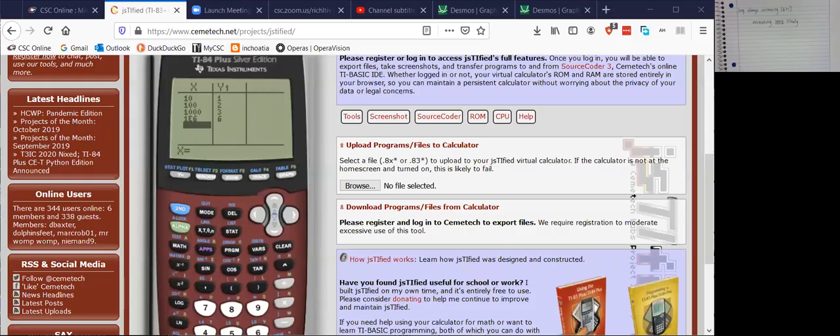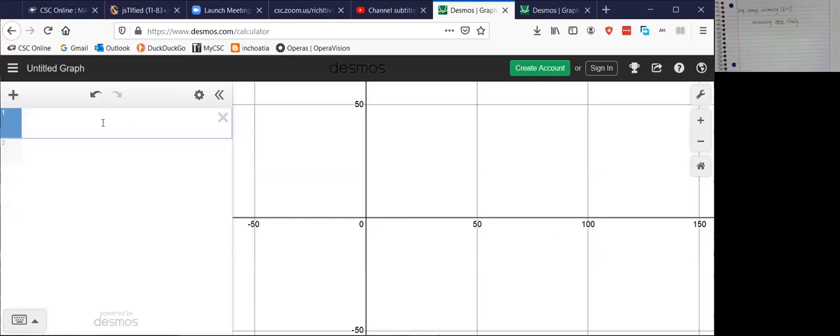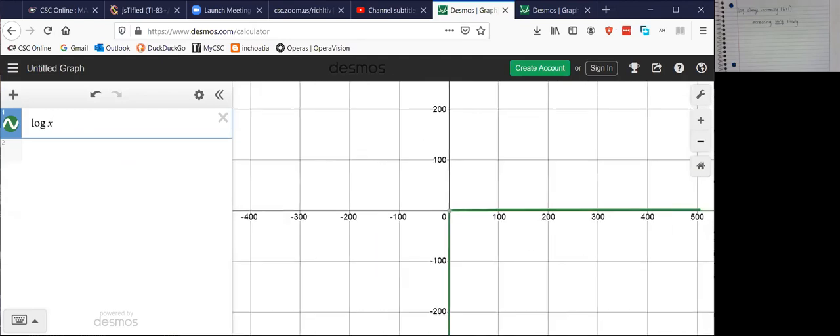And we can see that graphically as well if we go over to Desmos. Here's the common logarithm.